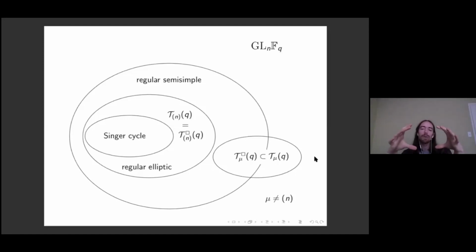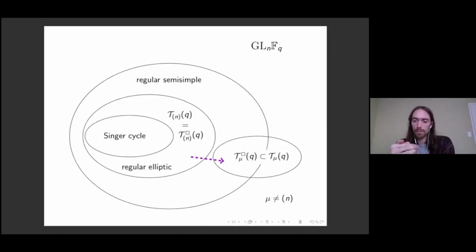And we can also think about restricting that to cycle type mu elements that are also regular semi-simple. So this cycle type mu regular semi-simple portion is just inside. And this cycle type mu in general is the entire ellipse there. So my question is, how many ways can I multiply things over here and get things over here?